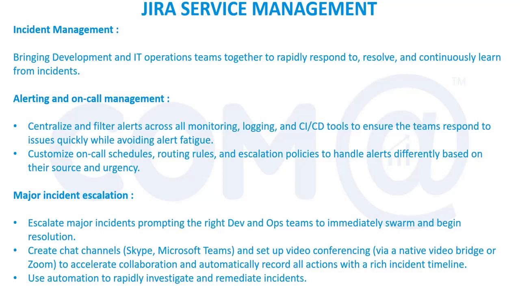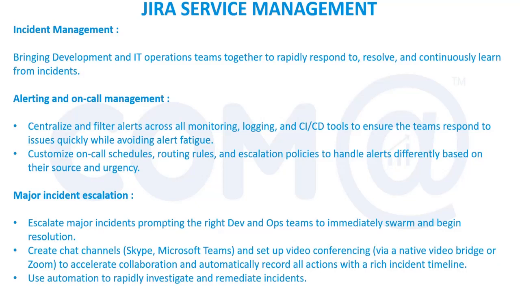Alerting and on-call management. So we have event management available, but that will be generating alerts from the tool, SolarWinds or any other monitoring tool. Those alerts will be converted into a ticket. So normally we'll integrate SolarWinds with the ticketing tool, whatever it is, Jira or ServiceNow or whatever tool we have.